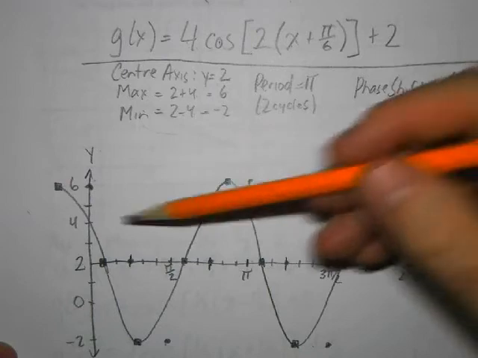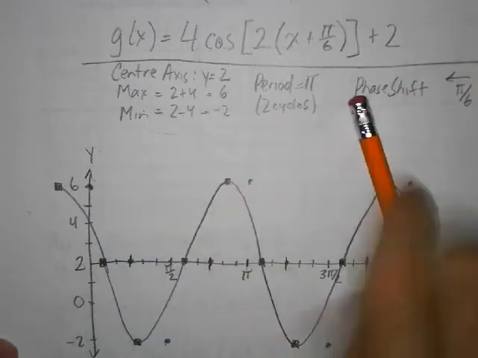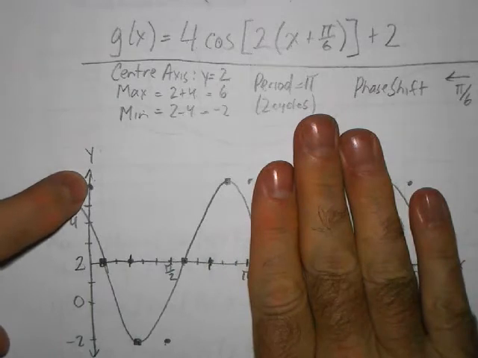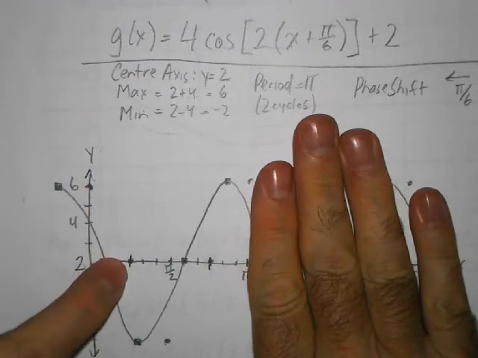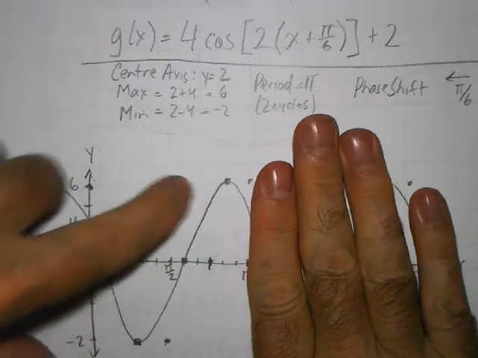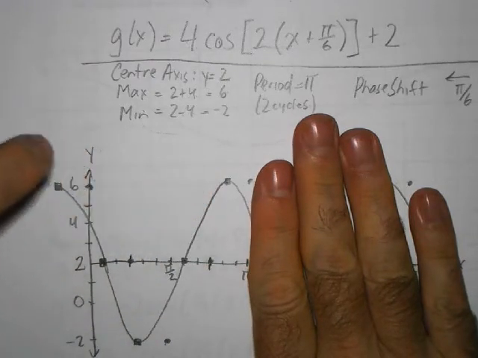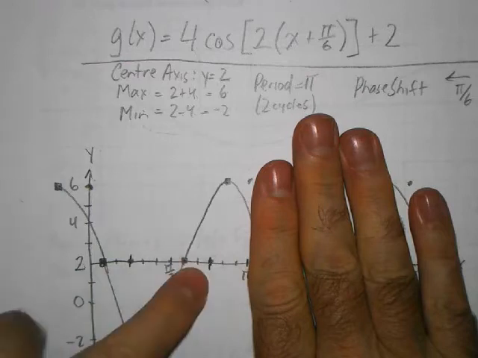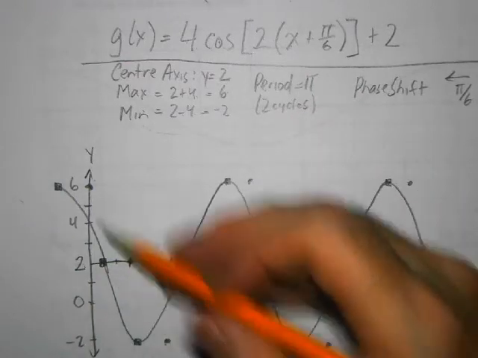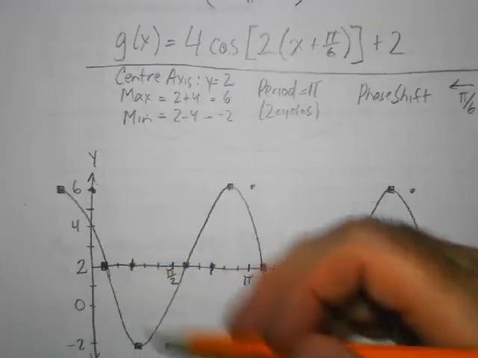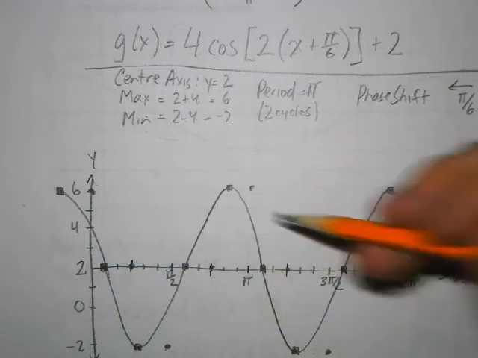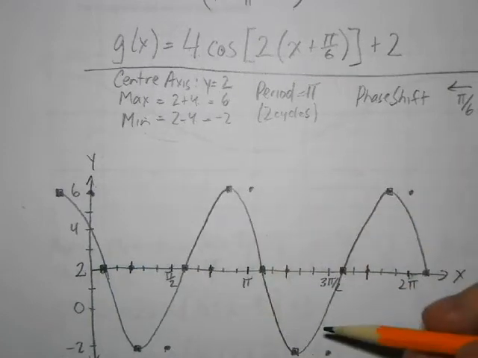So when I do my points, if I do my interval here to here, I start at the max, quarter of the way through is my middle, halfway through is my min at pi by 2, and then back to the middle and back to the max. So these 5 points are my graph without the phase shift. So I put the points in there, and I'm ready to do the phase shift at the end.